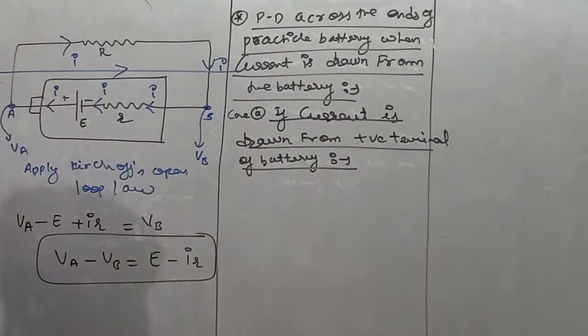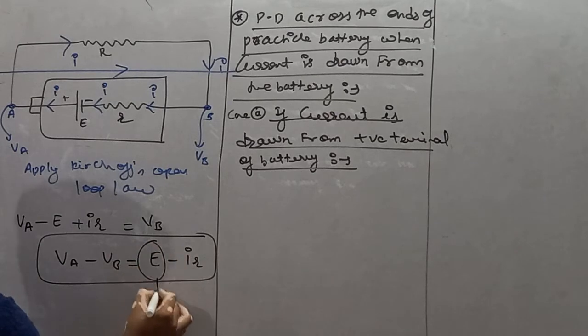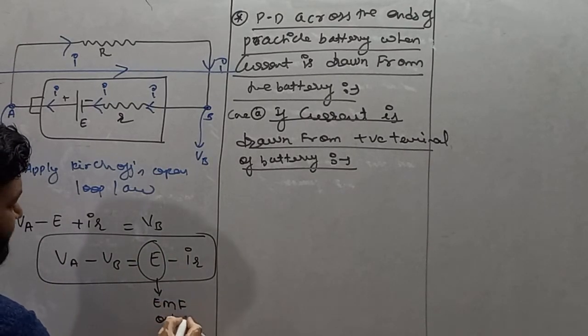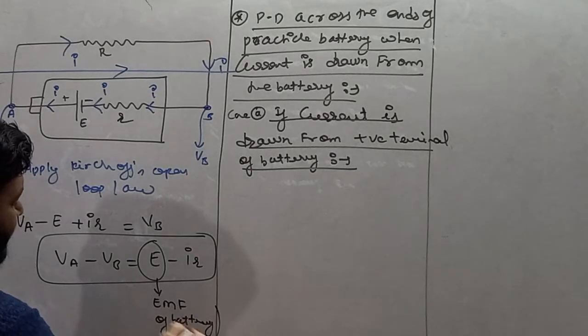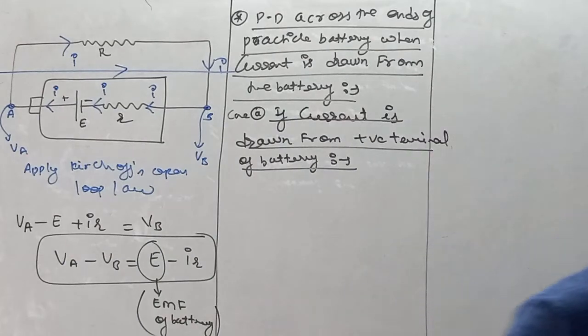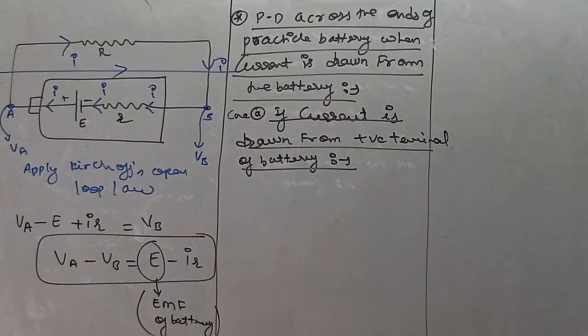Now see my dear student, this E is nothing but the EMF of the battery. EMF means the potential across the battery when no current is drawn from the battery, and EMF is always equal to the potential of the terminal of the battery. So my dear student, this is the relation: VA minus VB is equal to E minus IR.